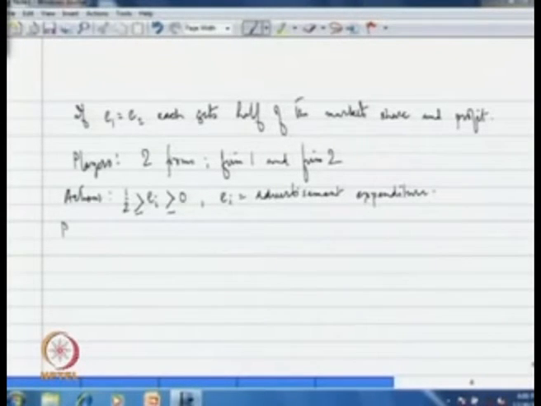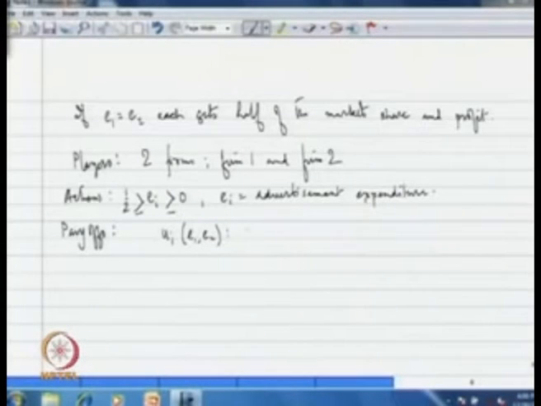And payoff. So, Ui is the payoff of firm i. It is a function of two variables E1, E2. i can be 1 or 2.